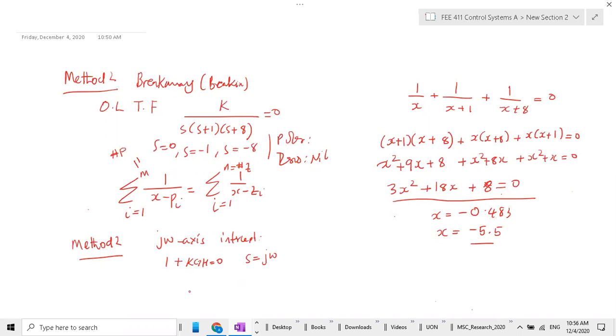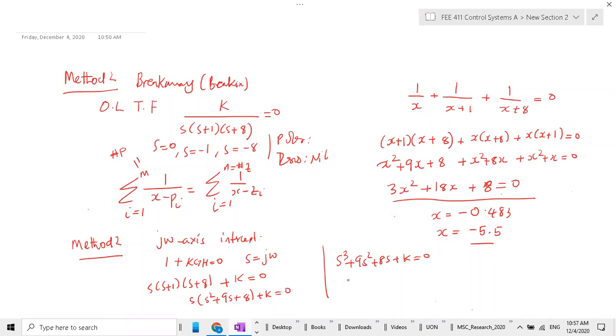So for ours, we'll have S times S plus 1 times S plus 8, plus K equals 0. So we'll have S cubed plus 9S squared plus 8S plus K equals 0.